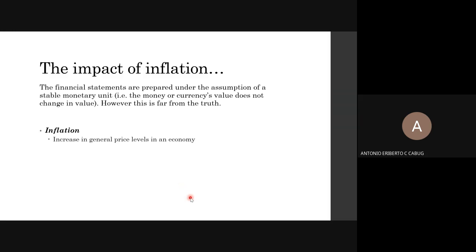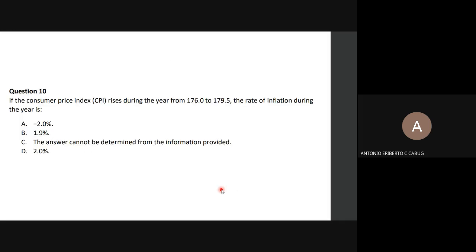Okay? So we have to make a conscious effort in accounting for inflation whenever we evaluate the financial statements. Inflation decreases the purchasing power of the currency. We know that. Okay? First, gusto ko munang balikan nyo yung pag-calculate ng inflation rate. We'll give you 2 minutes on this. Go.